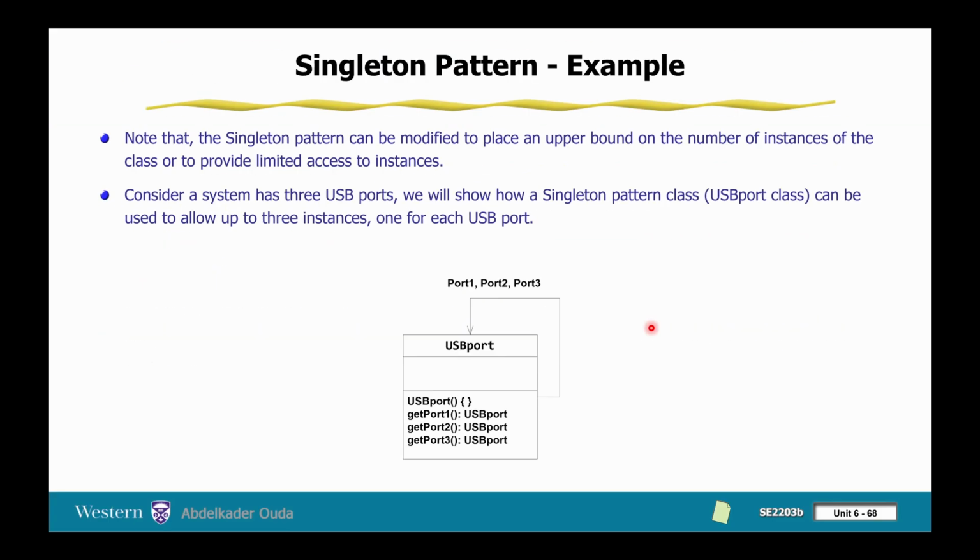There is some variation for the singleton design pattern. We said that singleton makes sure we have only one instance of the object of the class. In some situations, we may need a limited number of instances of a class. When we create a class, we may have an unlimited number of objects.